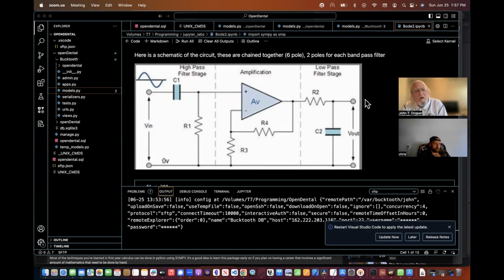The high pass cutoff frequency is equal to 1 over 2 pi times R times C. That's the formula. It doesn't matter how they're used in the formula. The op-amp blocks, 1, 2, and 3, are cascaded, and as they get cascaded, you are able to create a really good filter.